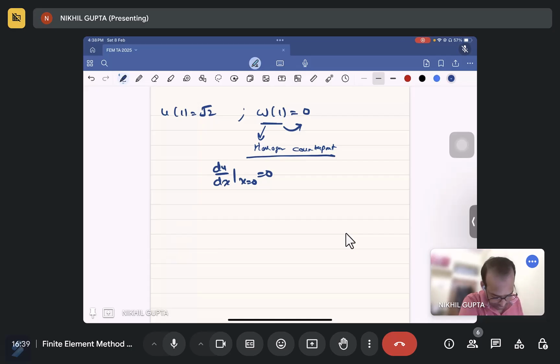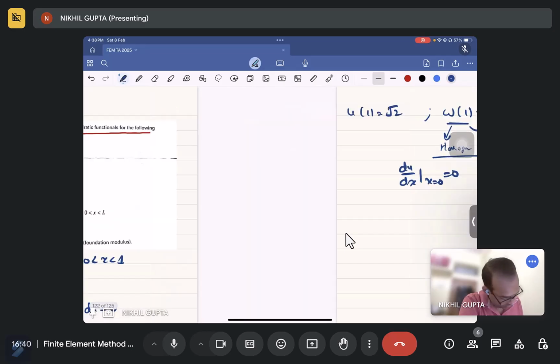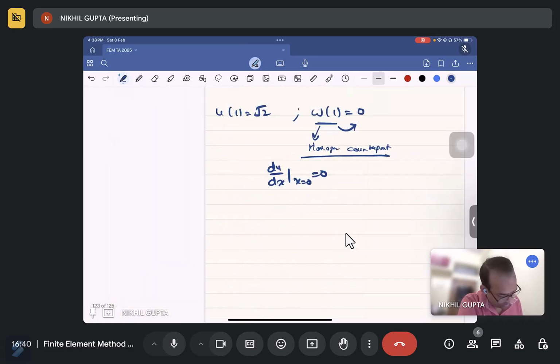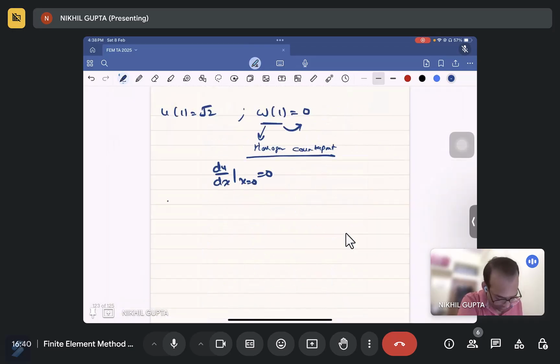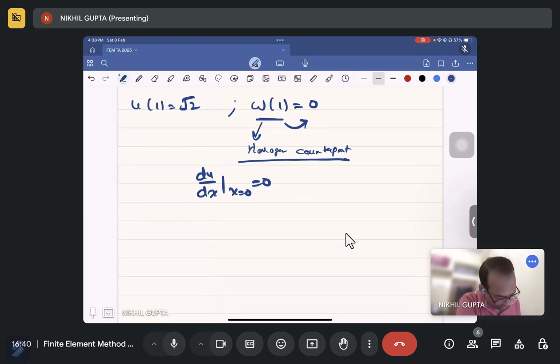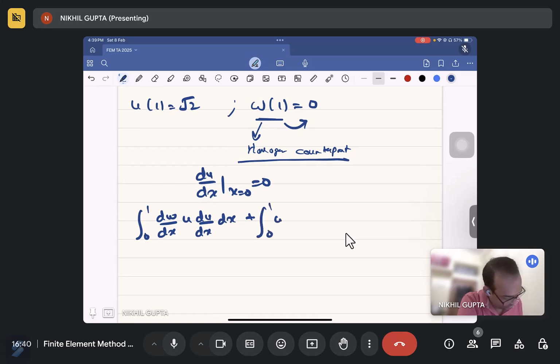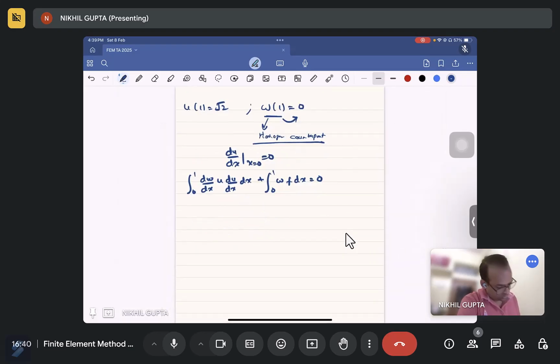And u(1) is 2, and you will apply this, you will get the weak form as the integral from 0 to 1 of dw by dx u du by dx dx plus the integral from 0 to 1 of w f dx equals 0.